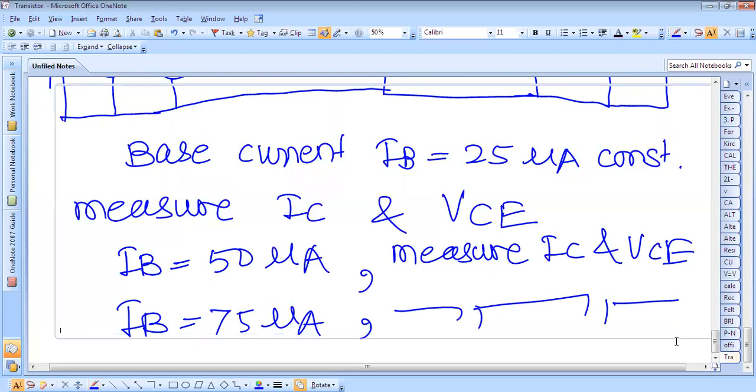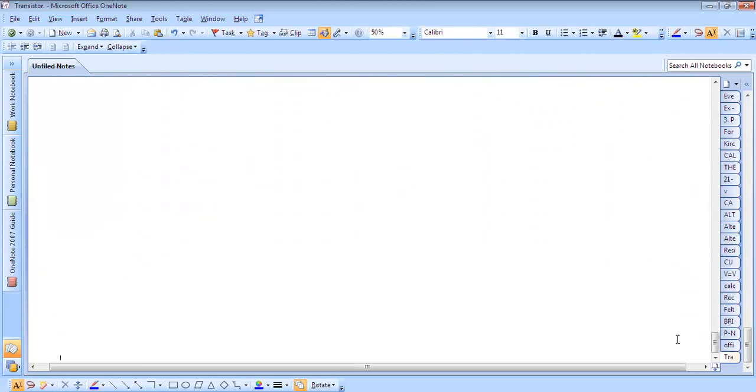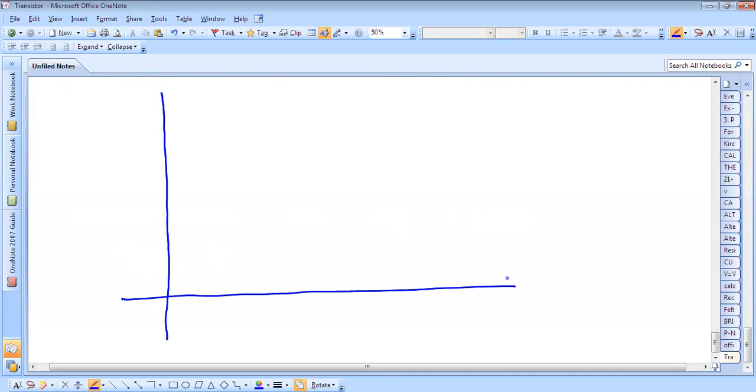With these readings we can draw the output characteristic, that is the characteristic between the output current, the collector current, which is on this y axis in milliampere, and the collector to emitter voltage, which is in volts.